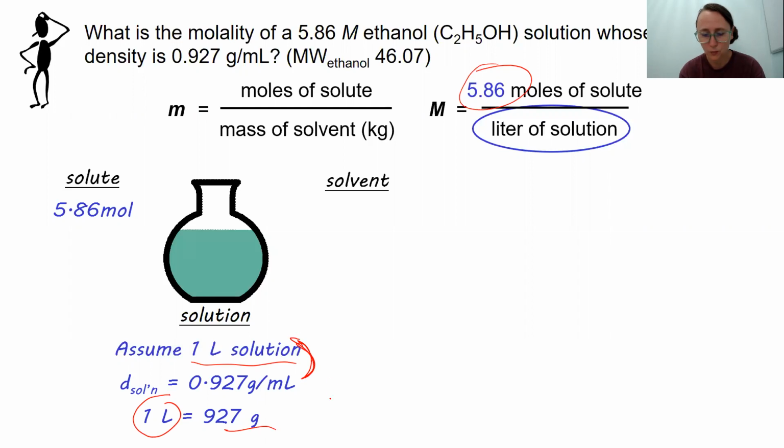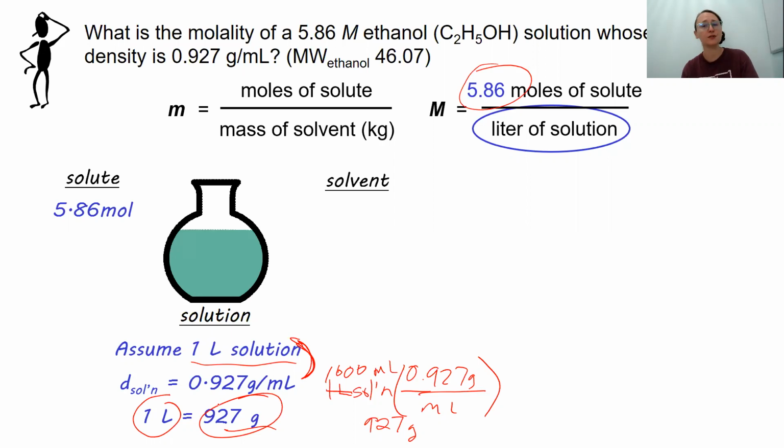So if you have 1 liter of solution and you use the density of 0.927 grams per milliliter, which really 1 liter is 1,000 milliliters, you're going to get 927 grams of solution. Or just use the D equals M over V equation and solve it that way. So now we know the mass of our solution.